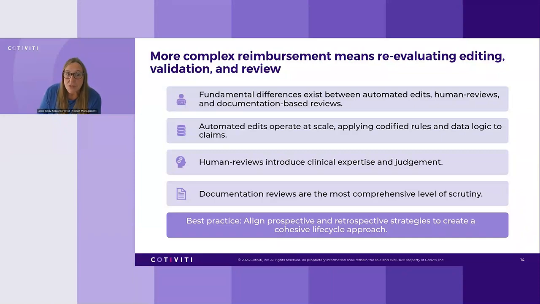The analysts, the coders, the clinicians, they're going to be able to evaluate the claim elements that fall outside the rigid rule sets. They're going to be able to identify patterns, emerging billing trends, and even gray areas that require interpretation. So while more resource intensive, this layer is going to add flexibility and adaptability that an automated system alone cannot replicate.